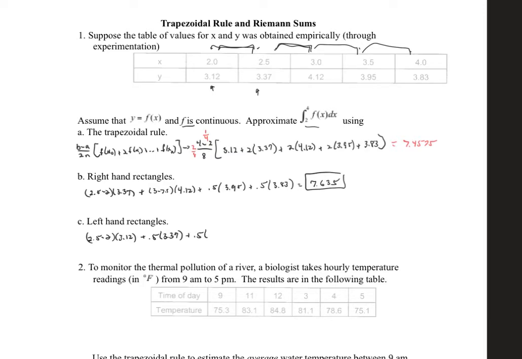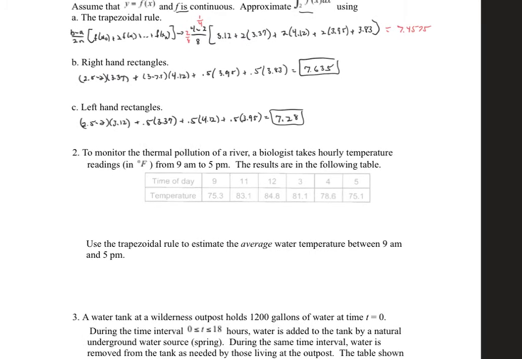Then we'll get 0.5 times the 4.12, and 0.5 times the 3.95, and we aren't going to use the last one because we're doing a left Riemann sum. That I believe is 7.28.